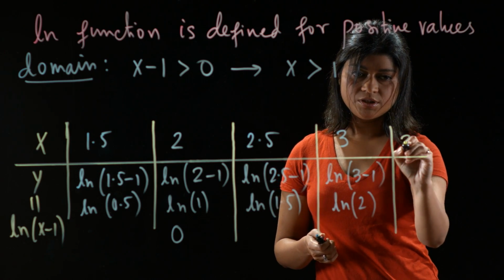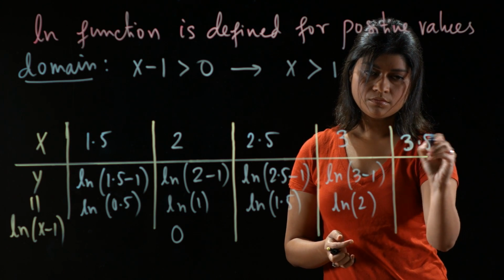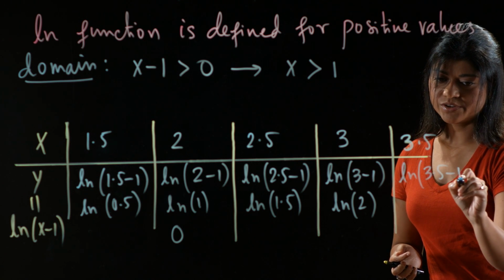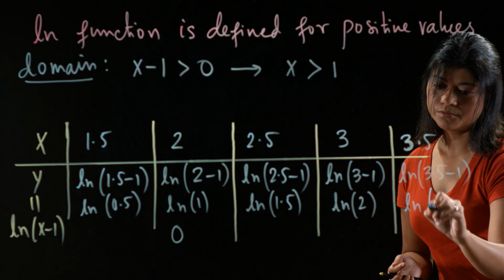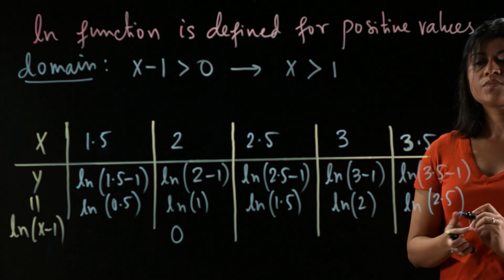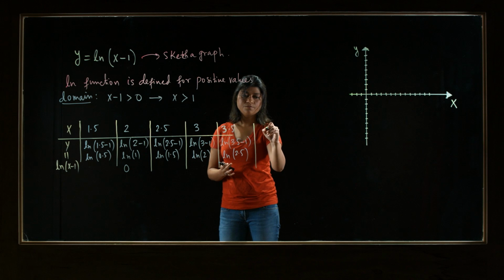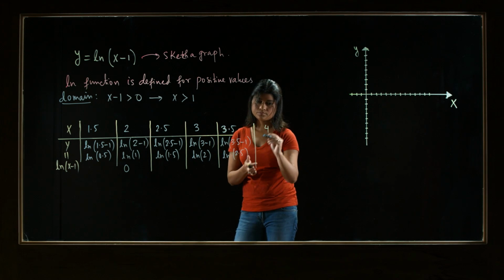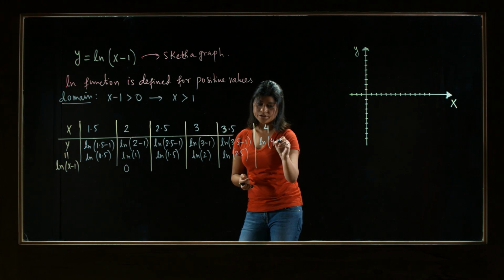Let's plug in 3.5. So, natural log of 3.5 minus 1, which is natural log of 2.5. And finally, let's plug in one more point. Let's plug in 4. So, we get natural log of 4 minus 1, which is natural log of 3.